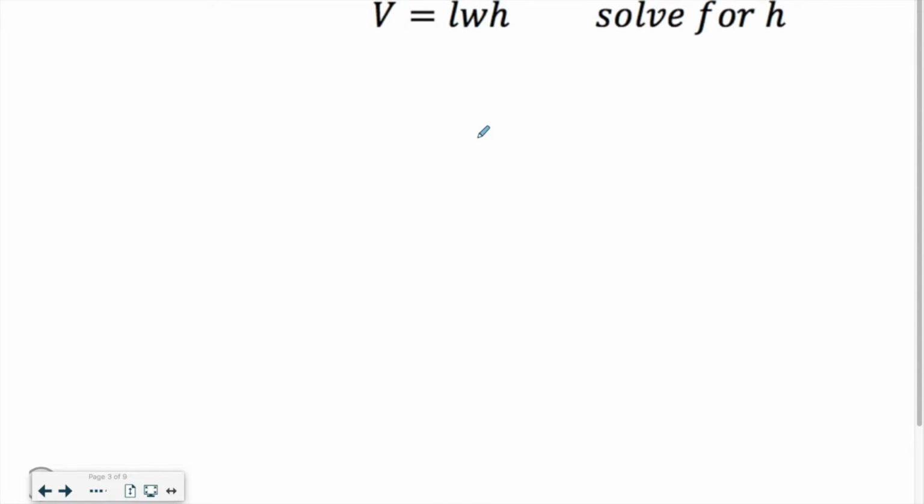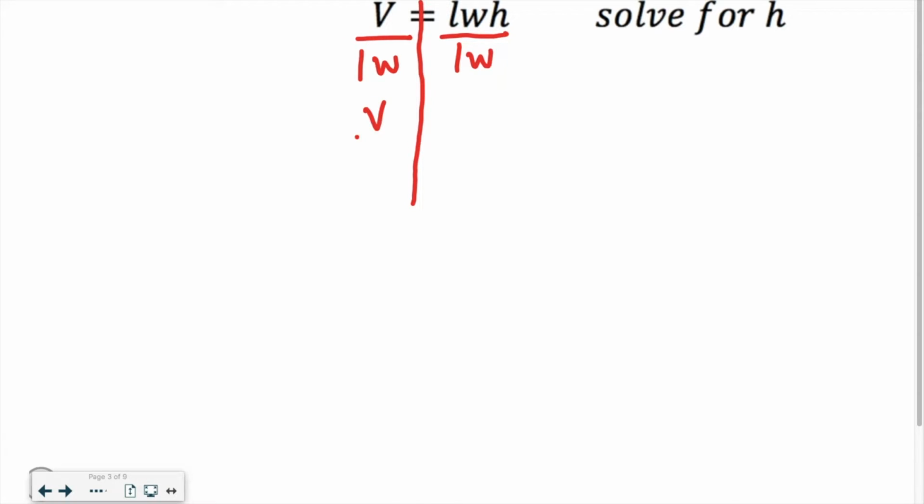Next one is the volume formula for a rectangular prism. So you have length times width times height, and this is solved for h. We've got L and W that are with h, so we're going to divide by both of them, L and W. You do it to one side, you've got to do it to the other.